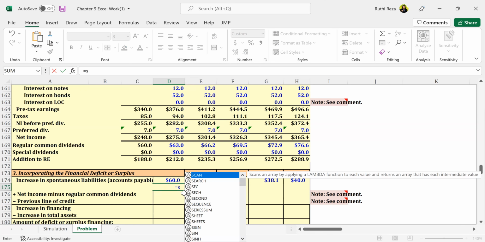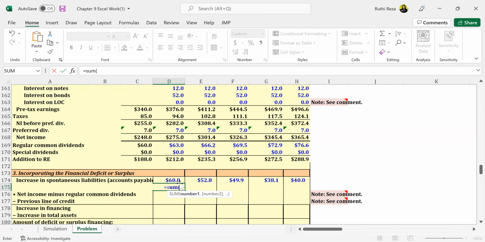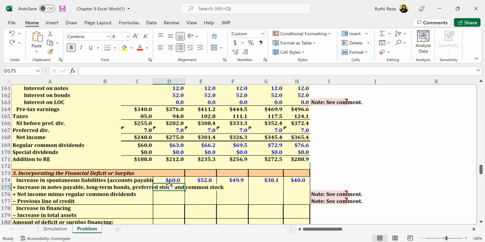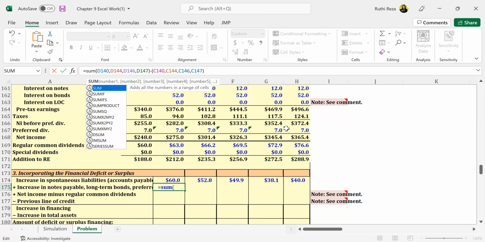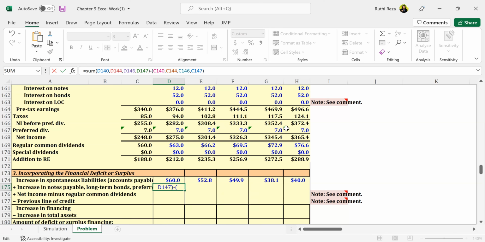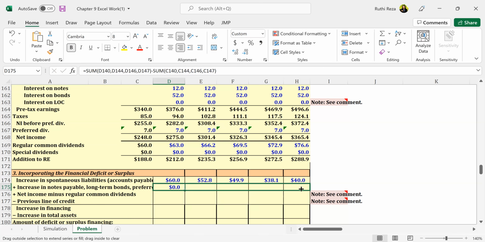Let me calculate one more time. Here. So as I said, our assumption is the company will continue with its most recent capital structure.